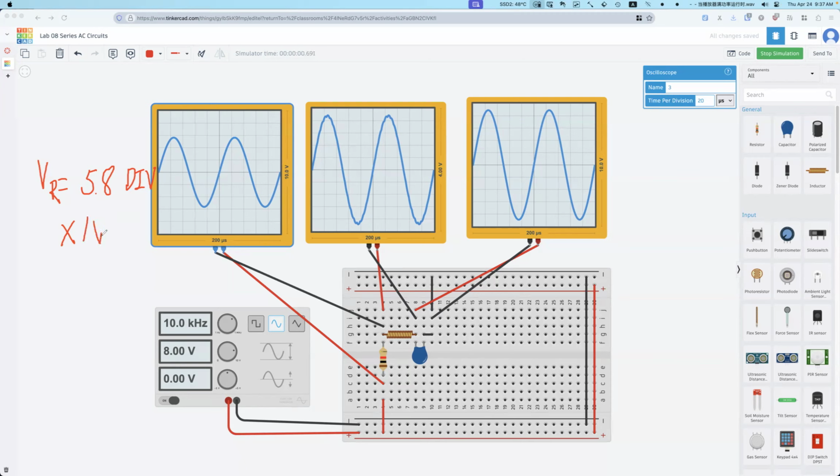So that's 1 volt per division. So then VR equals 5.8 volt. Okay. So then you can get the others. Just check the setting for the voltage. Okay. Then get the voltage setting for each oscilloscope.